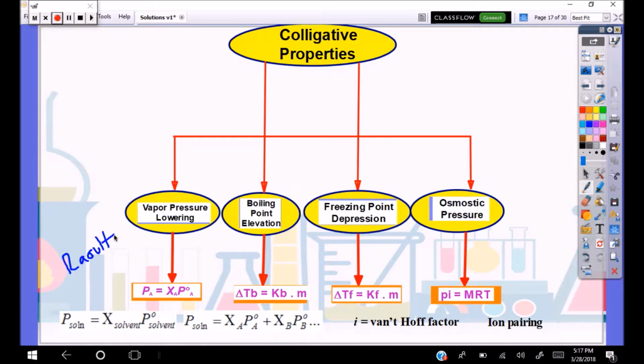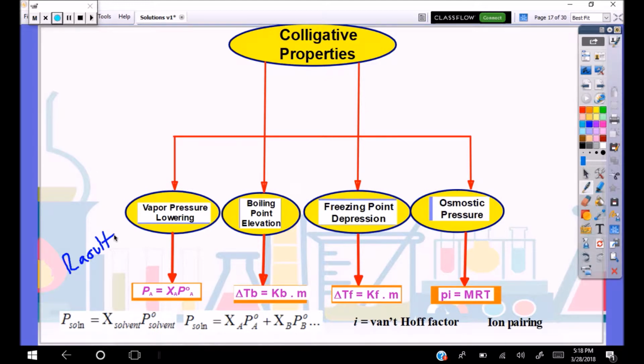As we add more solute, it gets in the way of those particles escaping the surface, and you have to overcome the attraction of solvent and solvent, but additionally solvent and solute attractions. Since you have to overcome both, you end up elevating the boiling point and raising the overall temperature. Same deal with freezing point depression, it goes the other way.